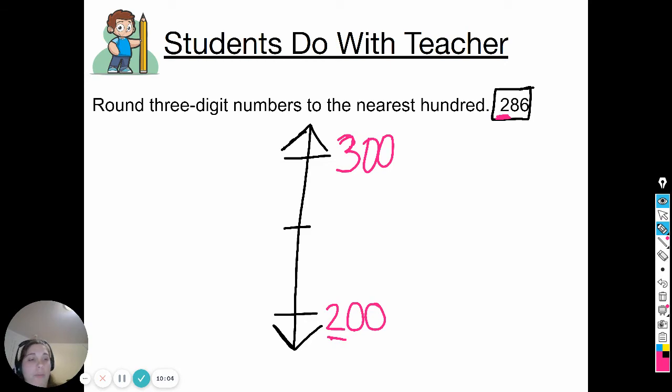Now we're going to do our halfway point. Remember, when we're doing halfway, we're going to keep the number that's in the hundreds, and then it's going to end with a 50.